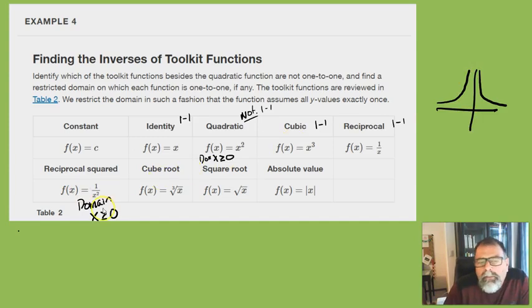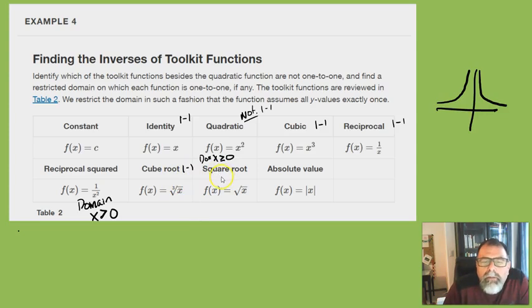But if we want to get the inverse function and to make it one-to-one, you have to restrict the domain to be greater than or equal to 0. Or you could actually do it the other way. Oh, 0 is not included in this one, so I need to throw out the equal to sign. Strictly greater than.